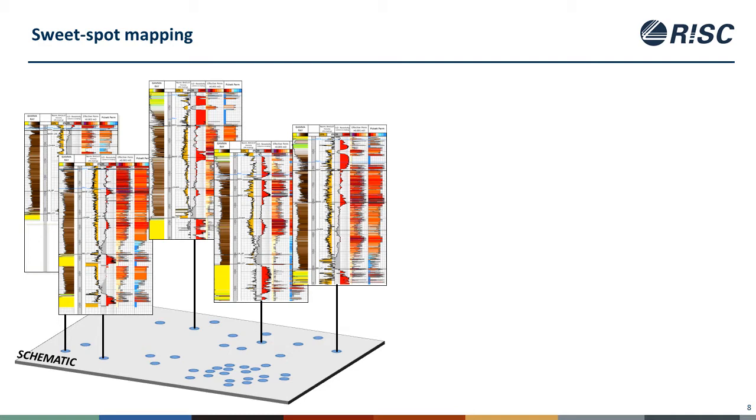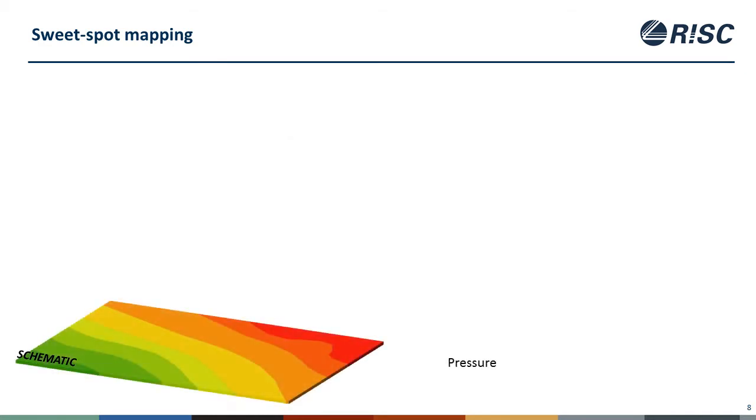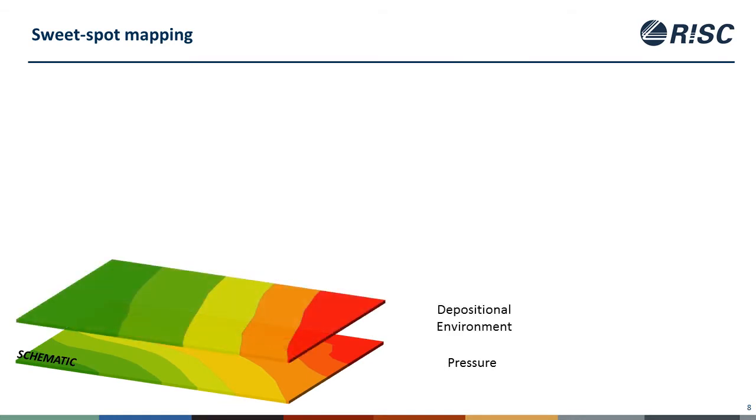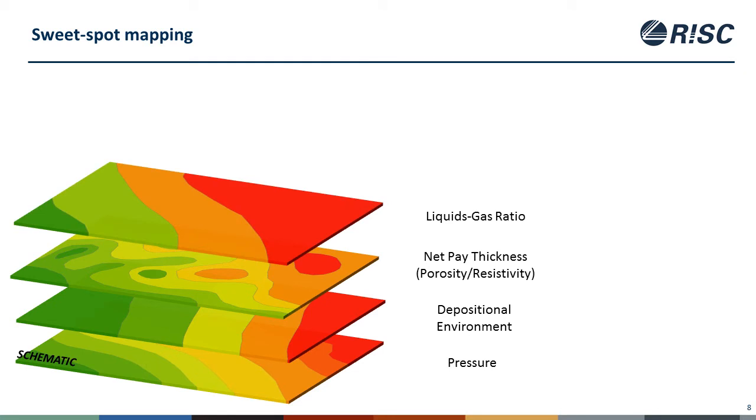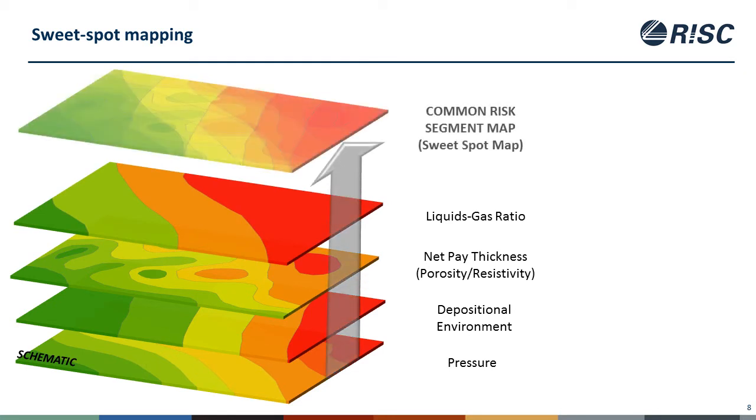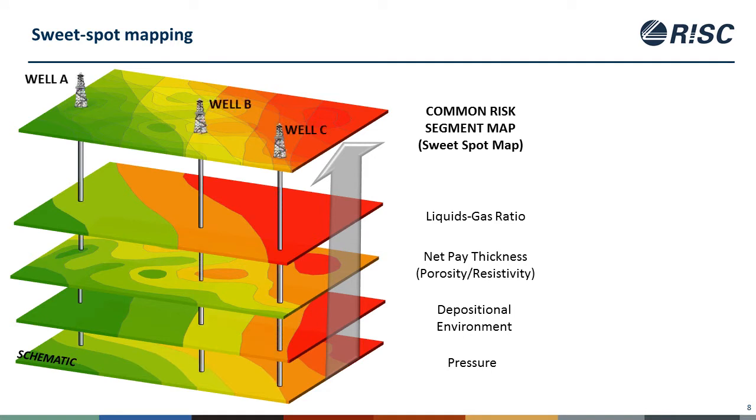The key characteristics are identified, mapped individually and stacked together, providing us with a common risk segment map or a sweet spot map, which at this point is a qualitative representation of quality and potential for the mapped zone of interest.